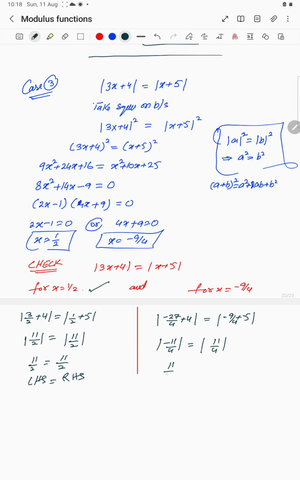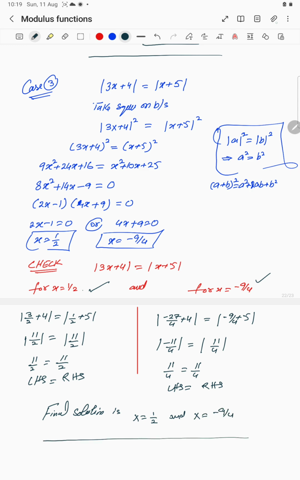Yes, this is 11/4 equal to 11/4. Again the left hand side equals the right hand side, so another true value. The final solution is x equal to 1/2 and x equal to −9/4. These are the answers. I hope it is clear.